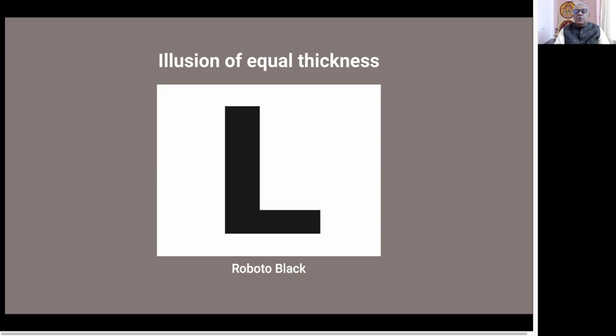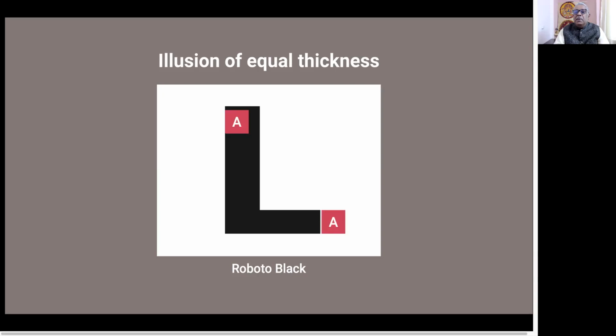So one is that in all monolinear fonts, special care is taken by the font designer to create an illusion of equal thickness. In mathematical terms, none of the strokes are of equal thickness, but visually, we create an illusion of the strokes being of equal thickness.